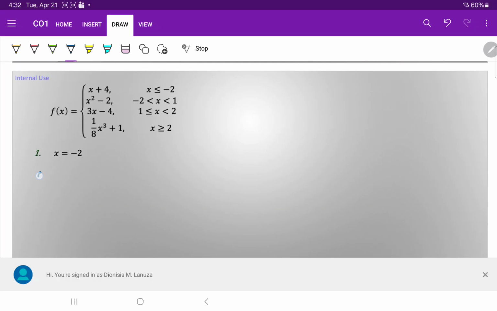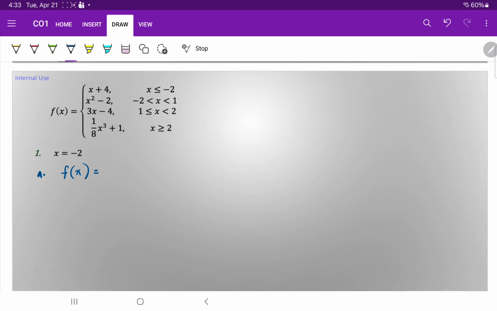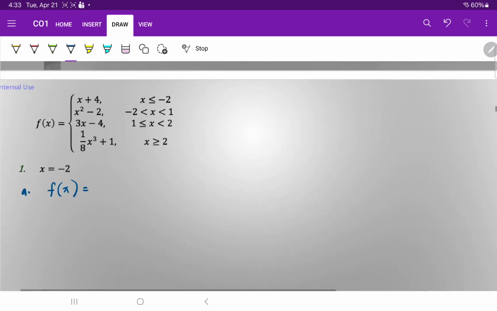So the first condition is that f of c must exist. So we have to solve for f of x, and we need to decide which rule to use, because it says x equals -2. So x equals -2 here, right? X is less than or equal to -2. So we use f of x equals x plus 4.